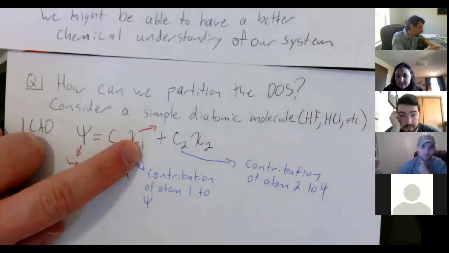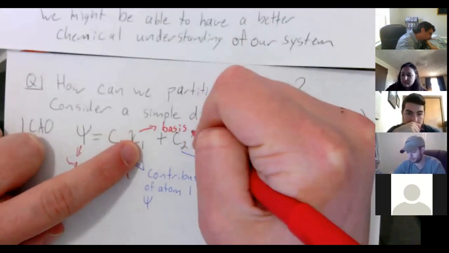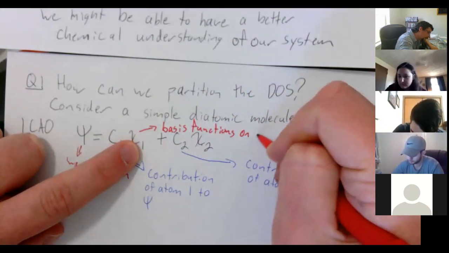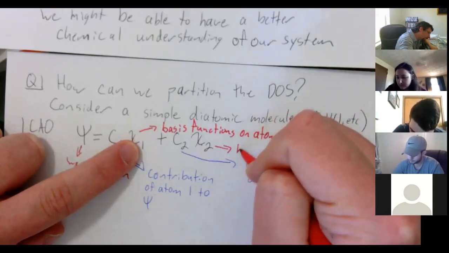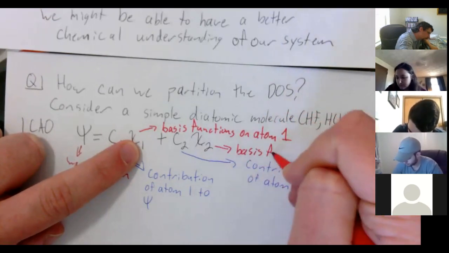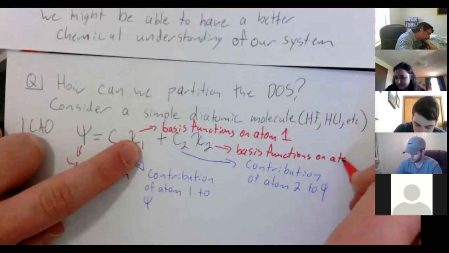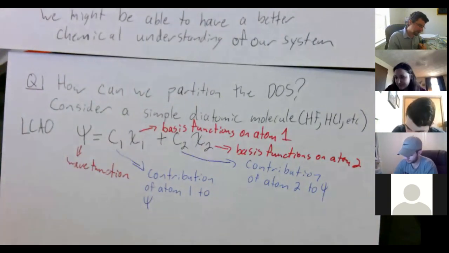We can be a little more formal and say these are the basis functions on atom 1, and these are the basis functions on atom 2. But remember, those can be thought of as similar to the atomic orbitals of the system.